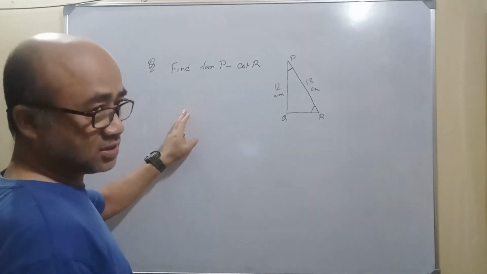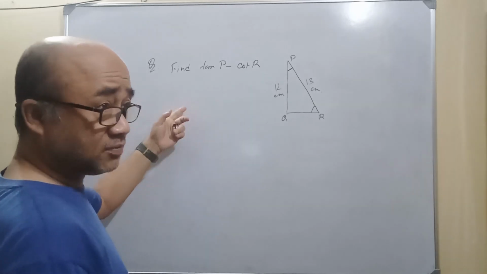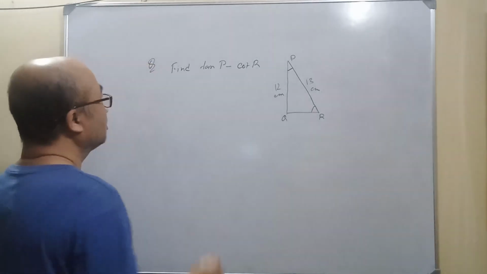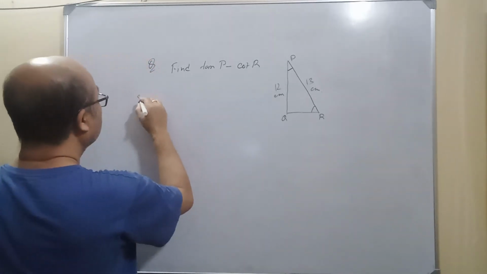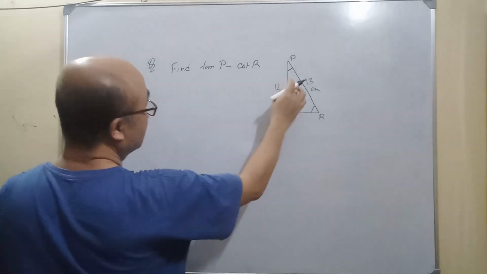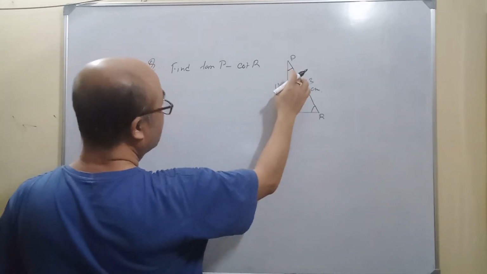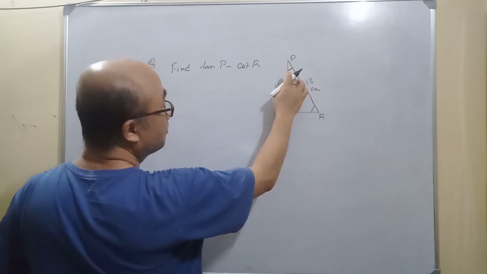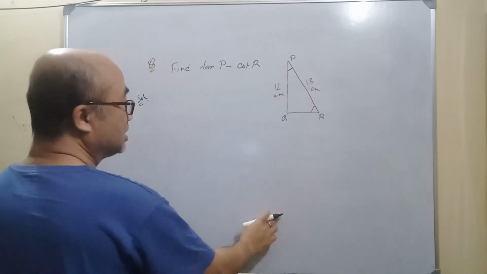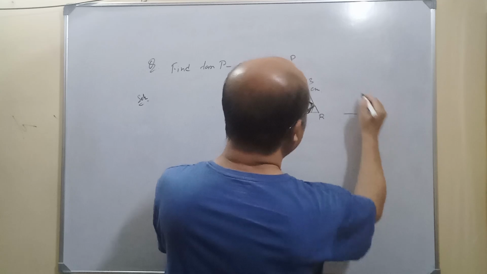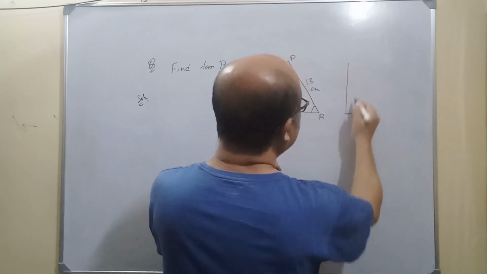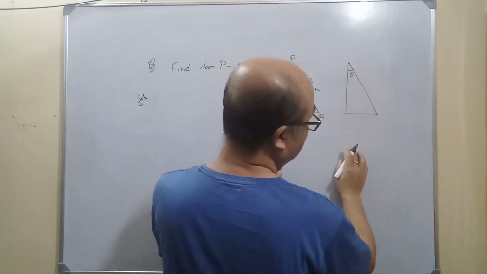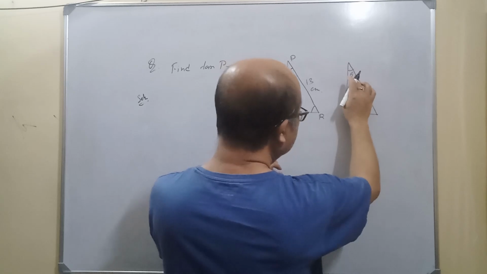Here is a very important concept that you have to remember. You have done this previously; I am just repeating it. The solution is tangent of P. This is the acute angle. Say this is the triangle and this is the angle theta.